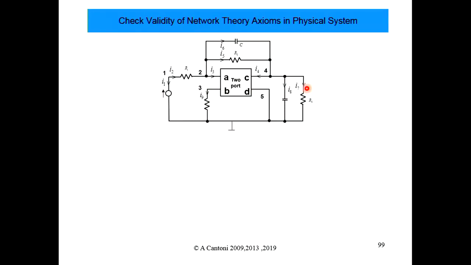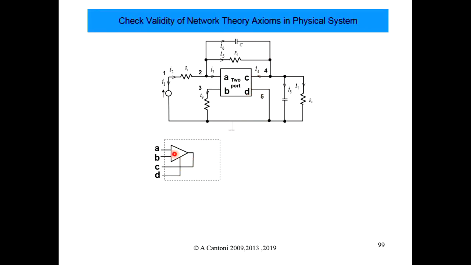So we can look at this system as an example to check the validity. This might look like an op-amp model, or an op-amp circuit. If this 2-port was an op-amp, you had the 2 differential inputs and an output with respect to ground.